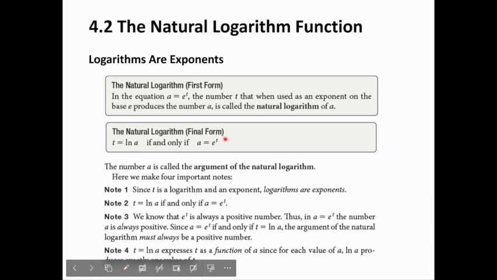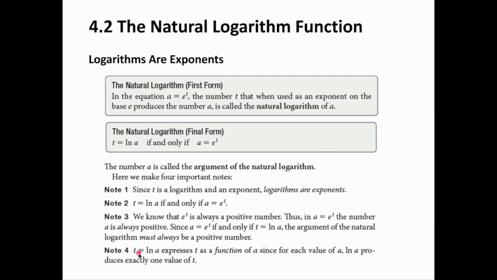That's still positive. So if you have a negative in the exponent, all it's going to do is take the reciprocal, and since this isn't a negative in front of the e, it's never going to be negative. So a will always be positive. It will never be 0 or negative.